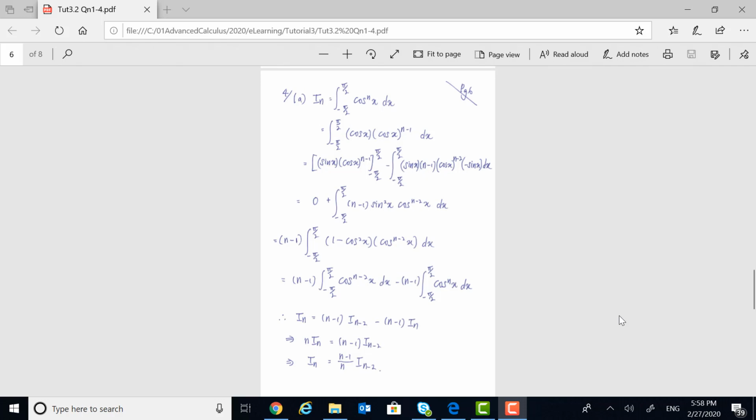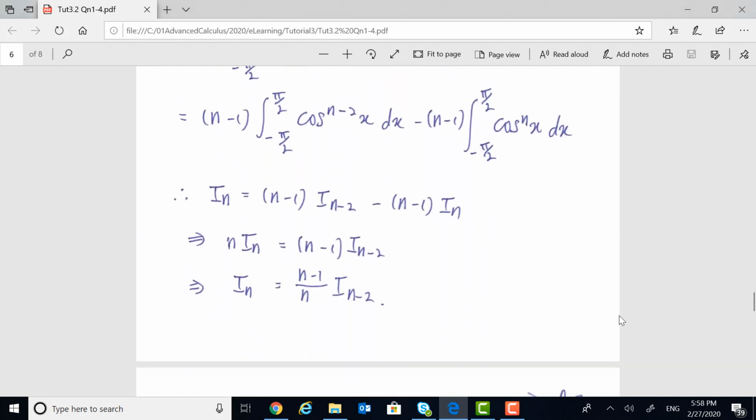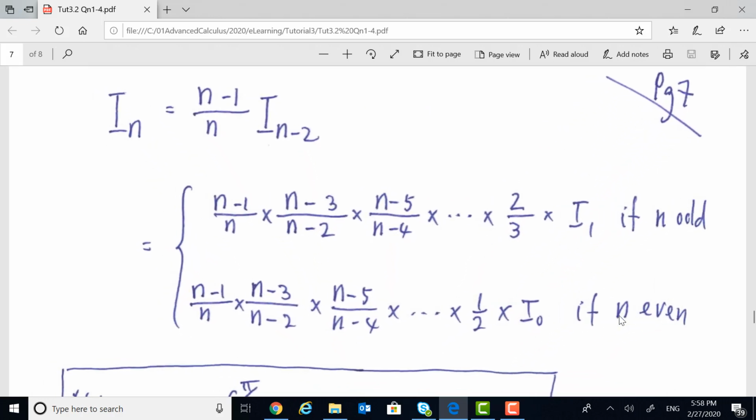And now moving on to 4b. In the case of 4b, we have a little bit of a tedious calculation. The first part of 4b is you are trying to write In in terms of n.